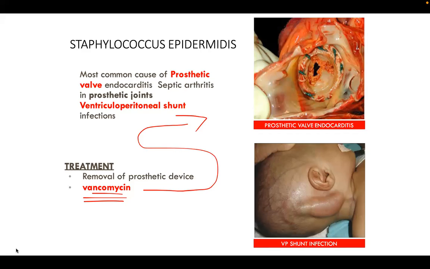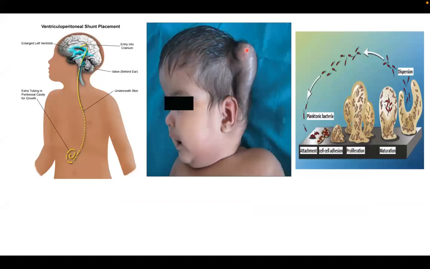You're gonna have the flushing. So here are the ventriculoperitoneal shunts, and there is the biofilm production.